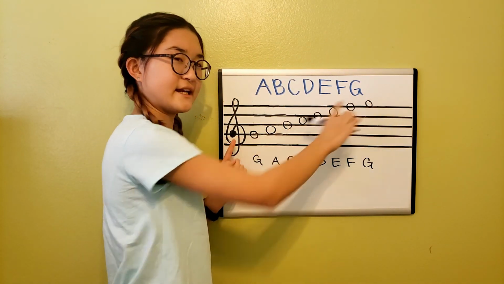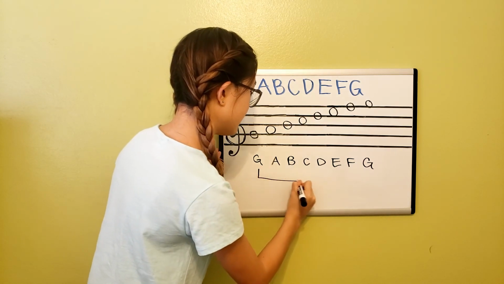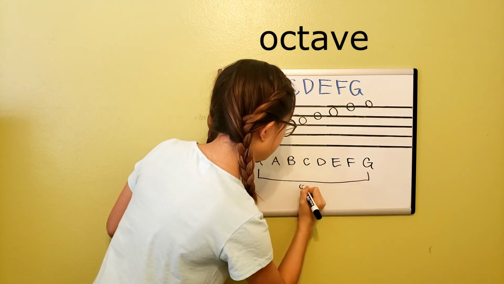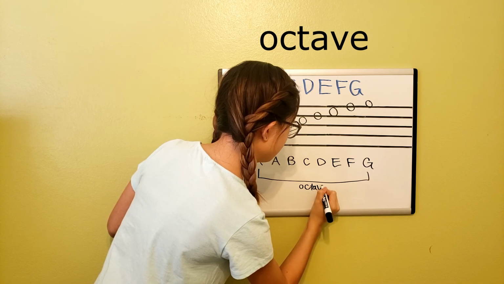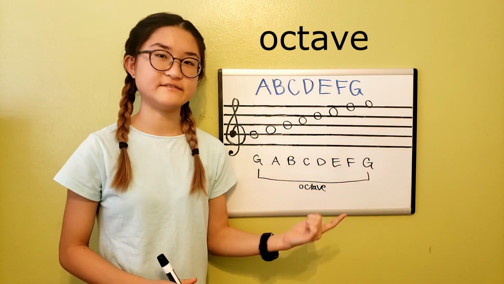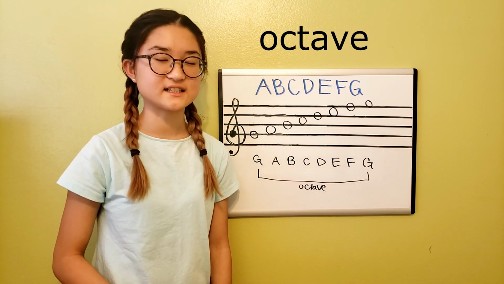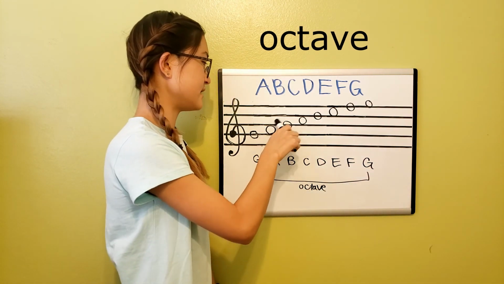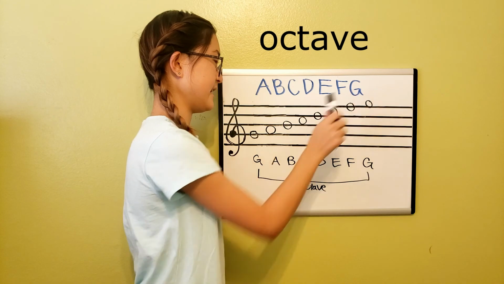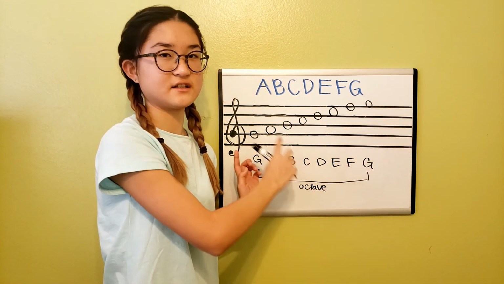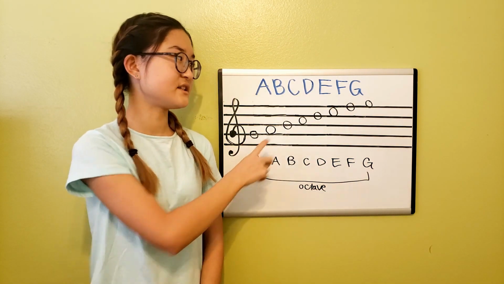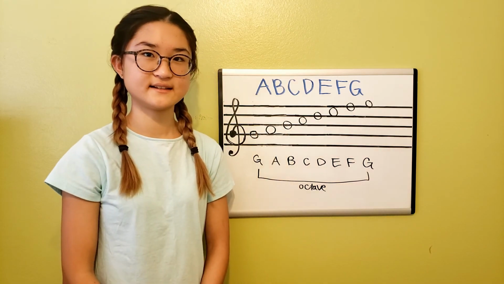So what we have created here is called an octave. This is called an octave because this G and this high G is exactly 8 notes apart. 1, 2, 3, 4, 5, 6, 7, 8. So this is how you go up the musical staff from this G to high G.